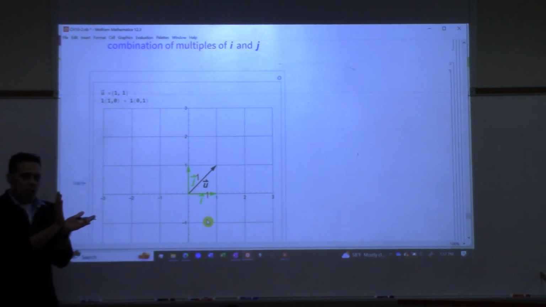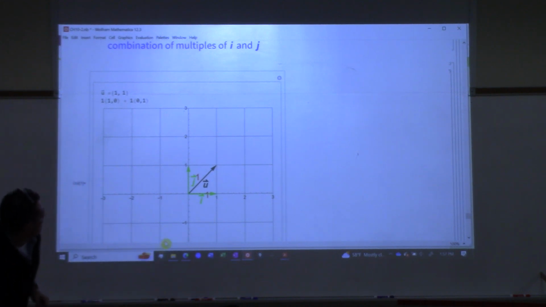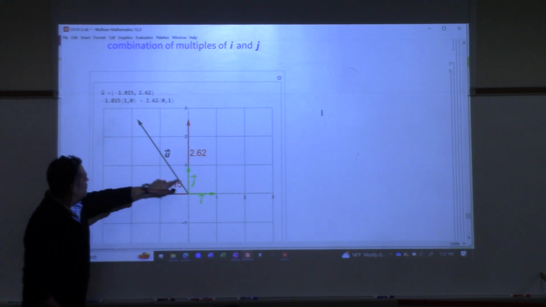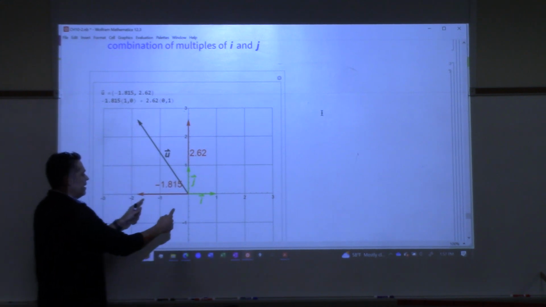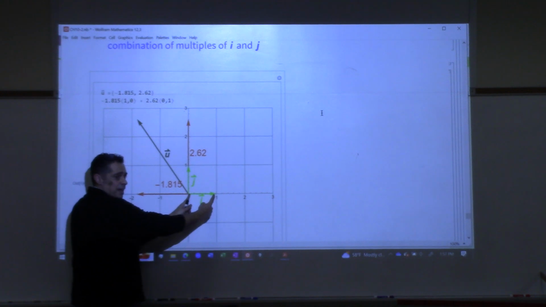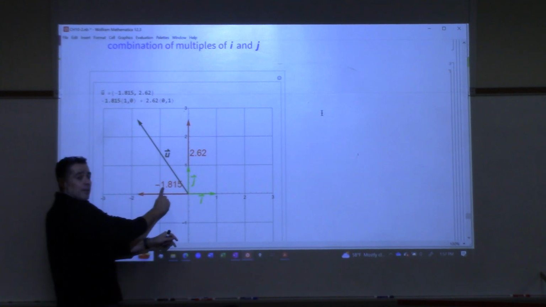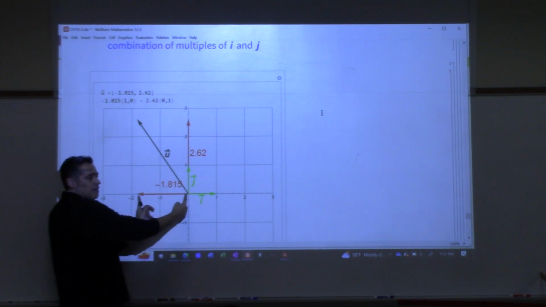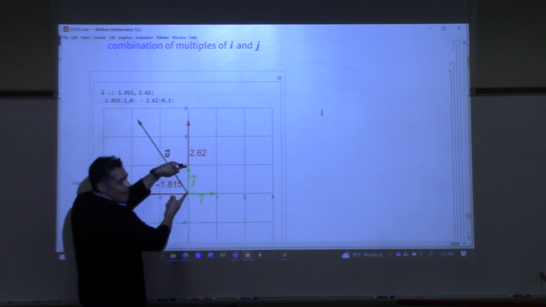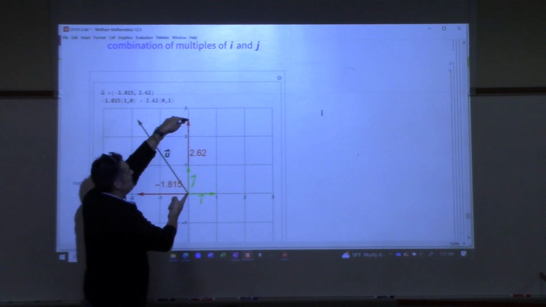The reason that's important is that if you give me any vector, see this vector u? Doesn't matter where I put it, I can always create it by taking some scalar multiple of i hat. In this case, I multiply it by a negative number, negative 1.85, and stretch it. Then I take j hat, multiply it by 2.62 and make it that long.